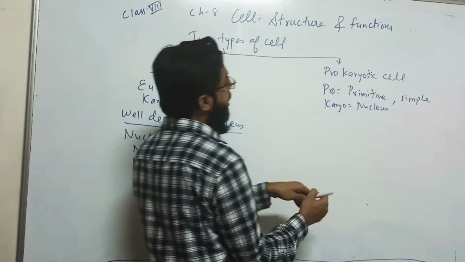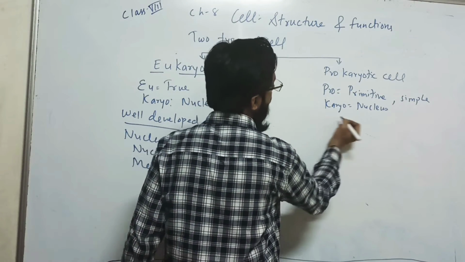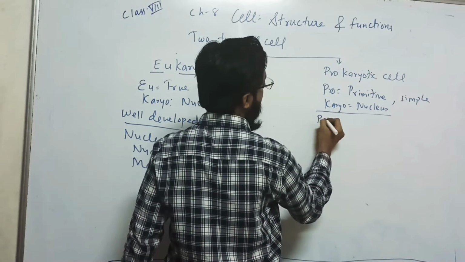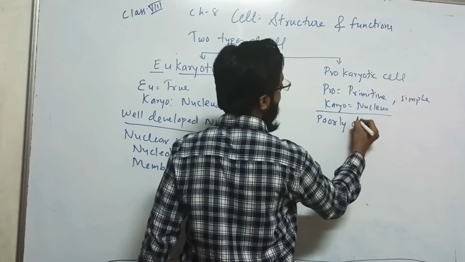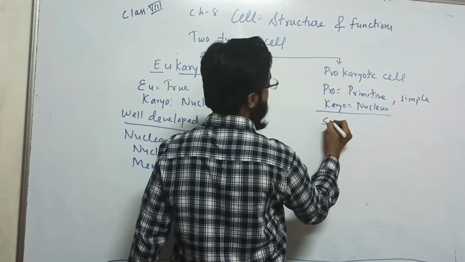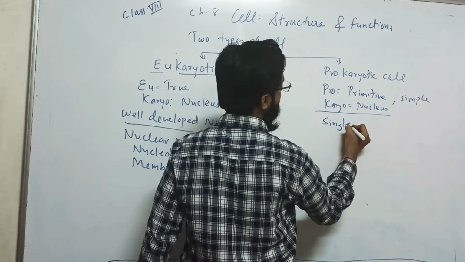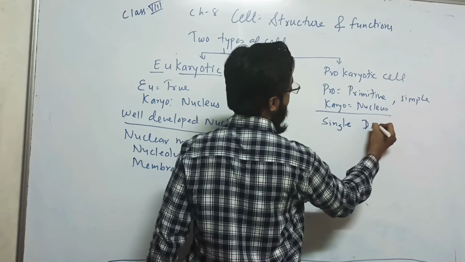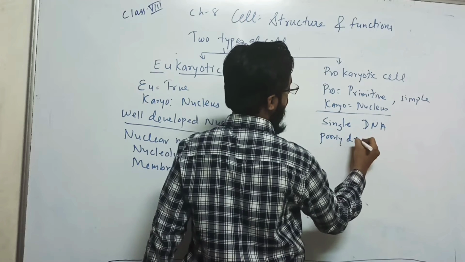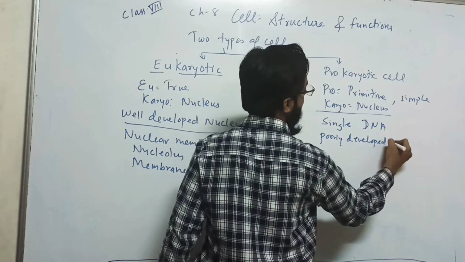In case of primitive organisms, they don't have a proper nucleus. The nucleus is poorly developed. They just have a single DNA, or a poorly developed nucleus.